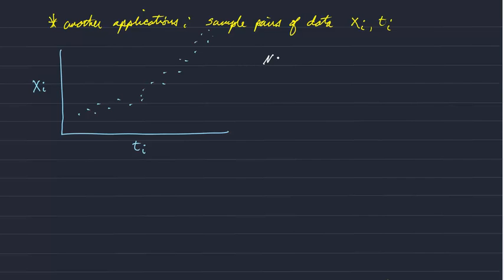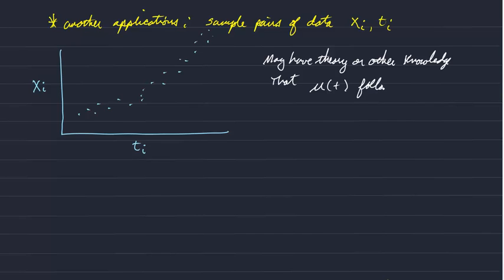And we may have theory or knowledge from previous studies that on average the mean value of X versus T follows some sort of curve or function.